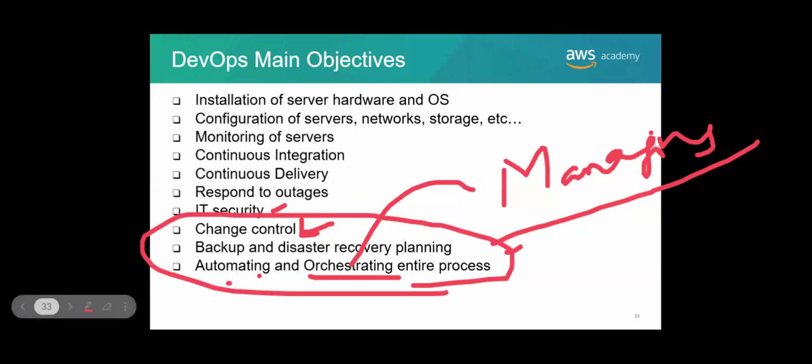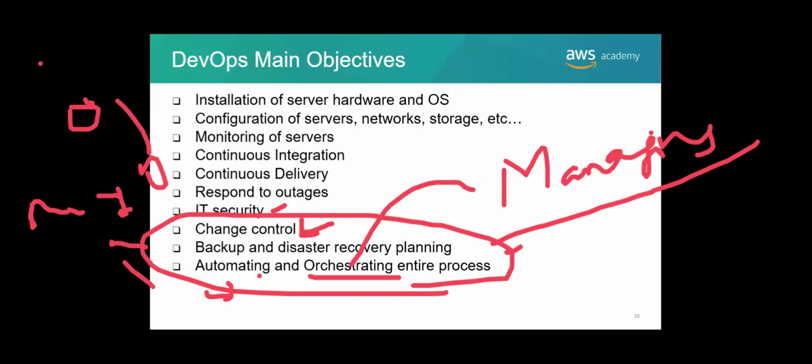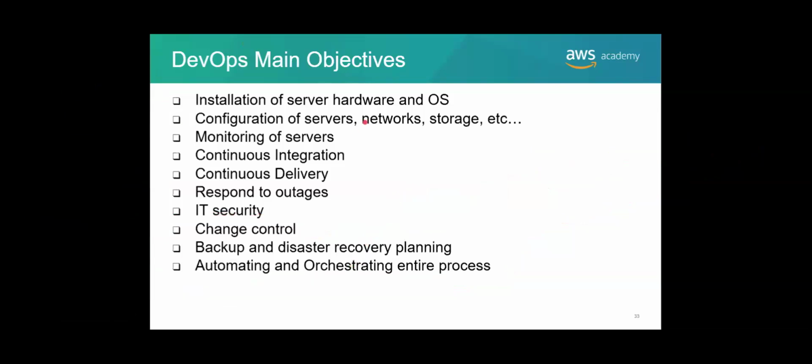I want to put everything into automation. That means if the server is not working, I want to add one more server. If the storage is full, I want to add more storage. If the database is full, I want to add more databases. All these things happen on autopilot. That is auto scaling, which should happen with orchestrating. Orchestration is also a combination of tasks that we can give, managing all the things. So automating and orchestrating the entire process. These are the main objectives of why DevOps came into the picture.